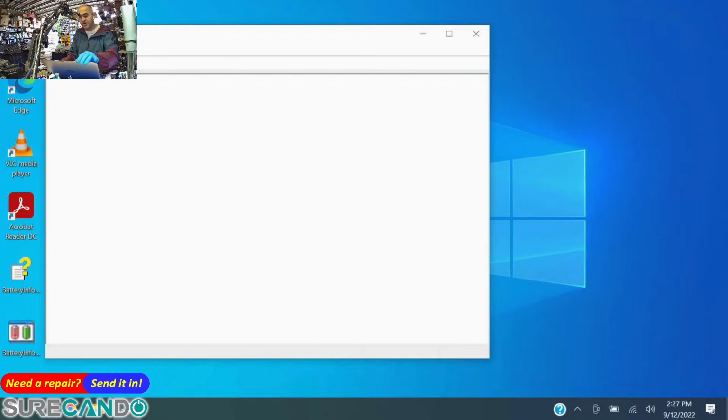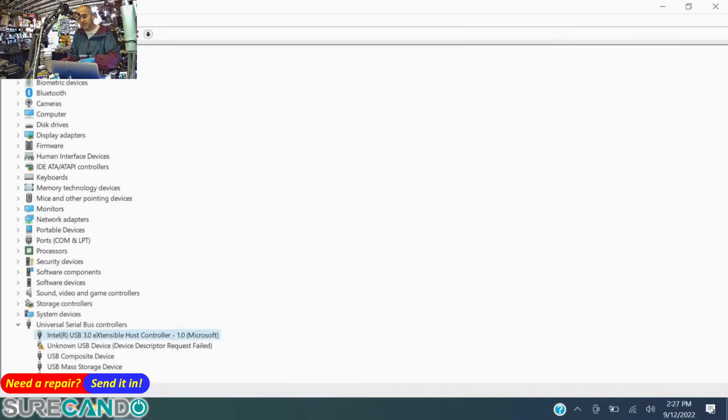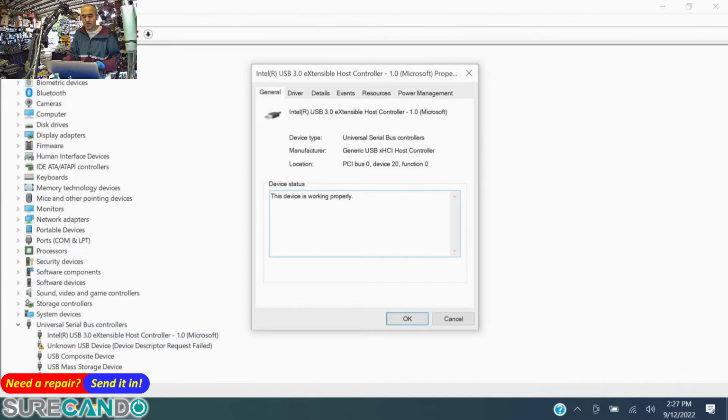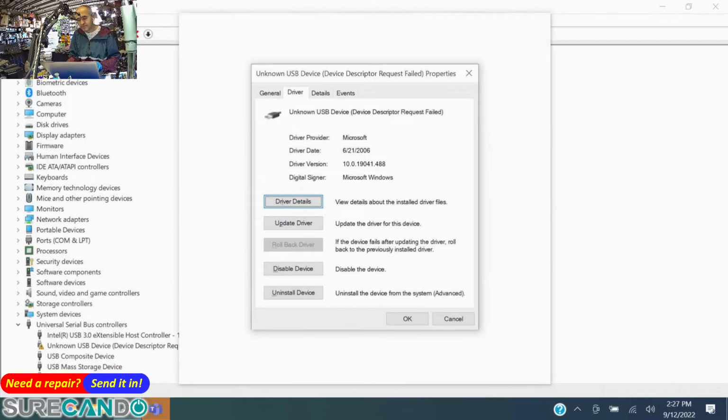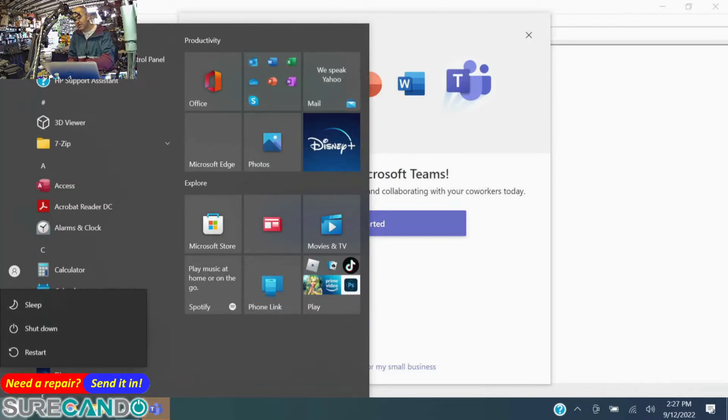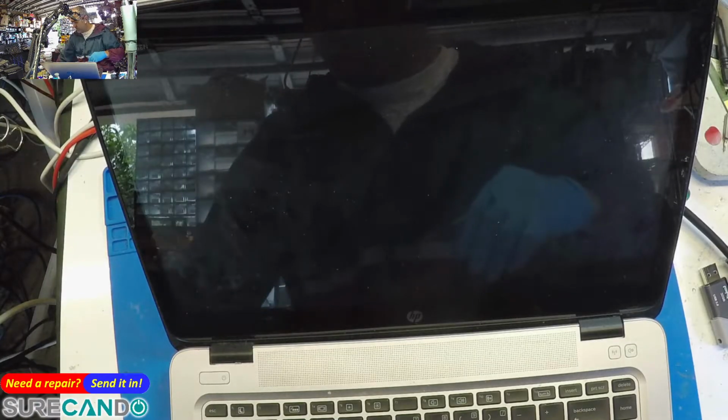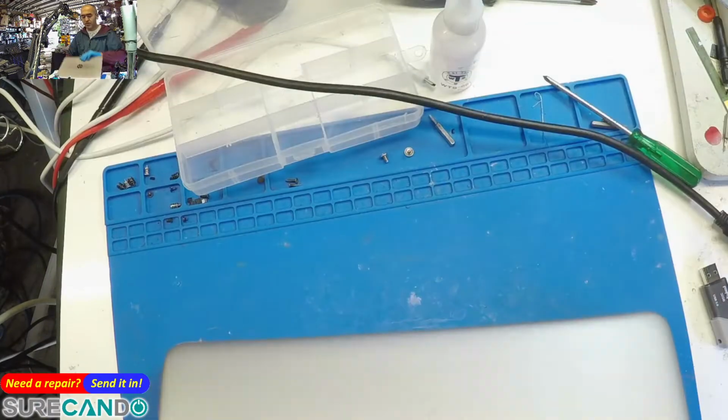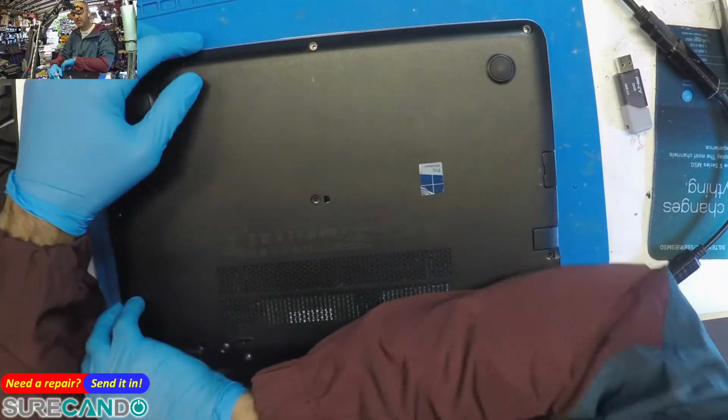USB is still plugged in, yeah? Oh, there we go. I only got it on the right side plugged in, and we still have the error message. Okay. So what do you think? It's a new Windows 10 install. It is along the USB port, so I've just assembled this unit back.